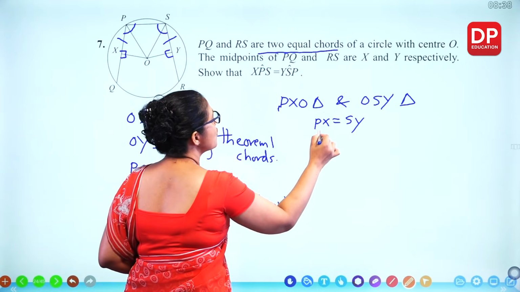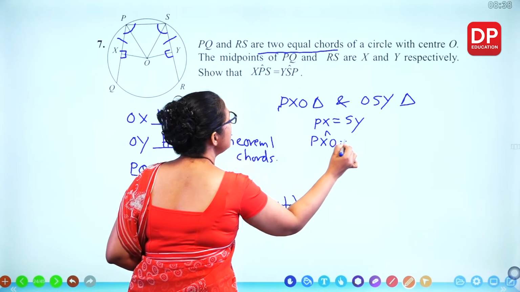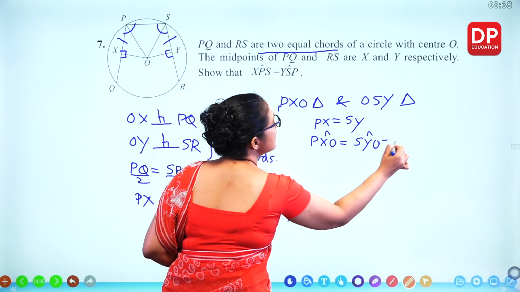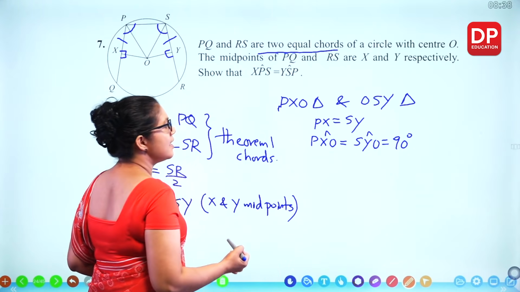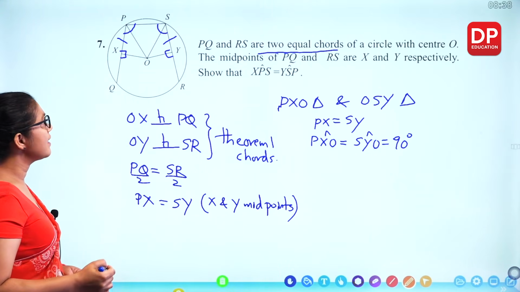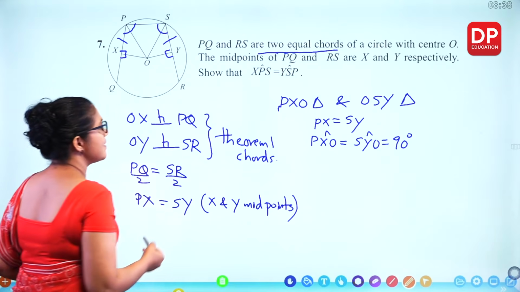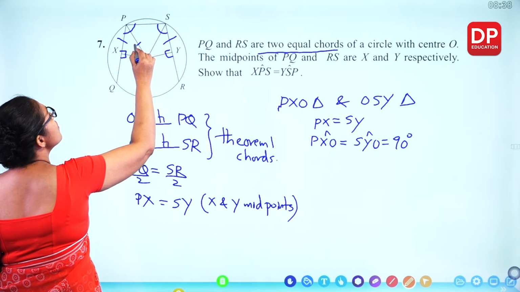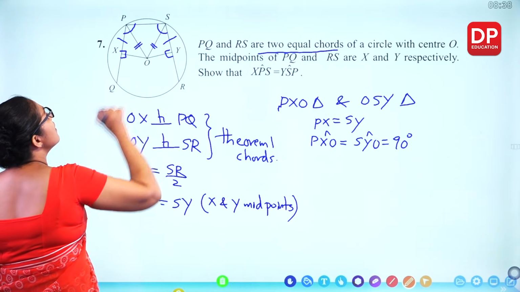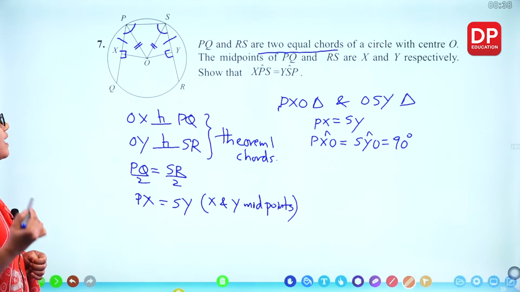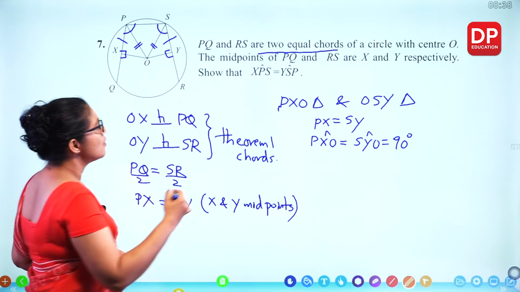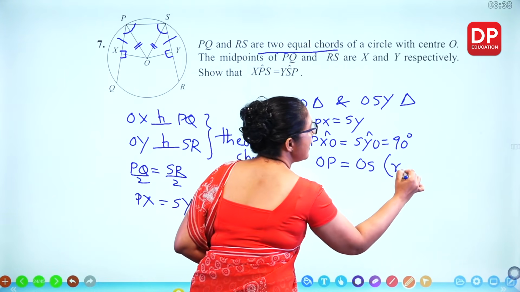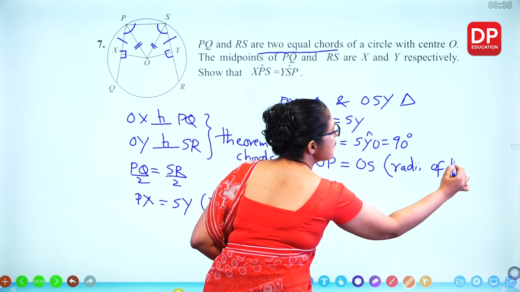So here angle PXO is equal to angle SYO, that's equal to 90 degrees. So this is about a right angle triangle and one length is equal. And what do you know about these two lengths? So those are equal. Why? What's the reason? Those are radii of the same circle. So OP is equal to OS, radii of the same circle.